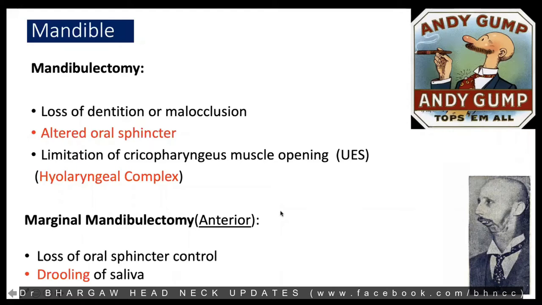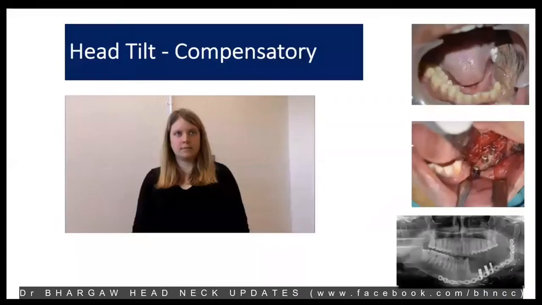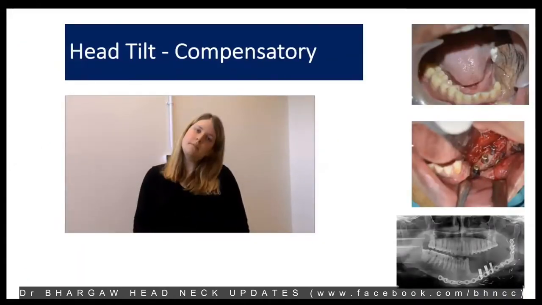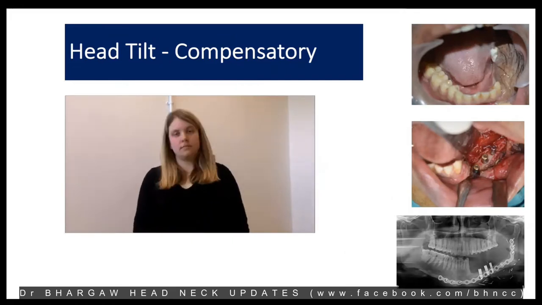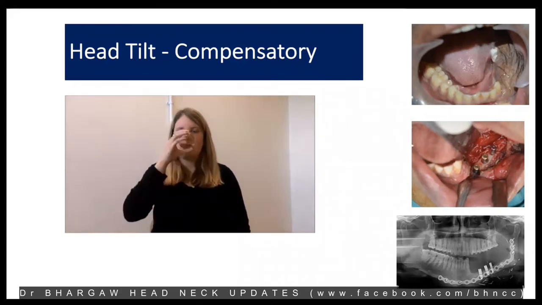Patients don't have that much dysphagia with a marginal mandibulectomy. However, as I told you before, with an anterior marginal mandibulectomy, they would have some loss of oral sphincter control and drooling of saliva. So in these situations, we try to use compensatory maneuvers such as head tilt, where we ask the patient to tilt their head towards the normal, unaffected, untreated side and try to swallow.